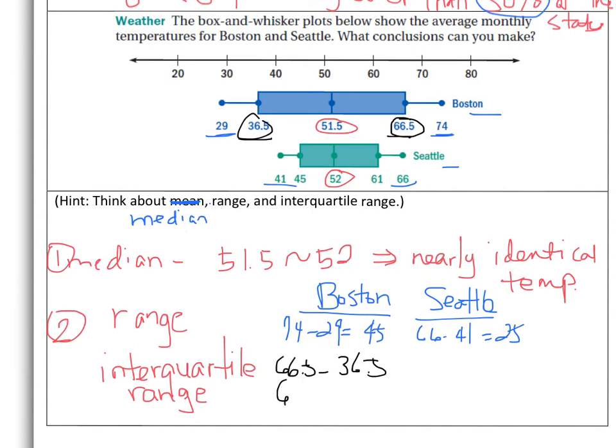So 66, minus, I apologize, 61, the upper quartile of 61 minus 45 for Seattle, and after doing the math, you should get 30 for Boston and 16 for Seattle.